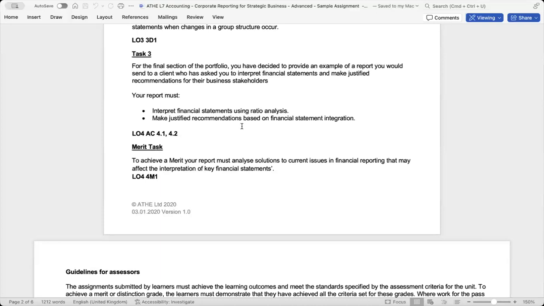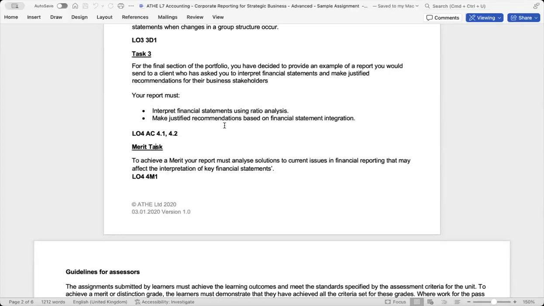Again, visit learning outcome 4 or our last lecture, session 4. Provide actionable recommendations for business stakeholders, for example, shareholders, employees, potential investors, directors, managers, suppliers, customers, lenders, government analysts. So justify these recommendations with data from the financial statements and ratio analysis.